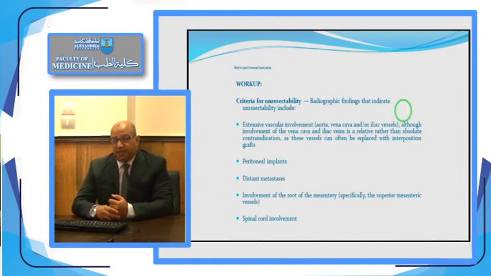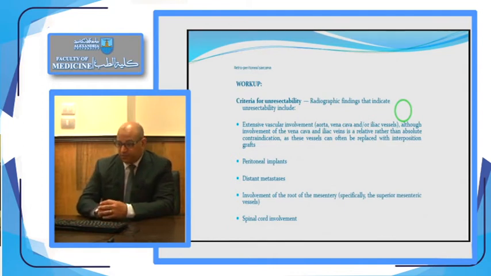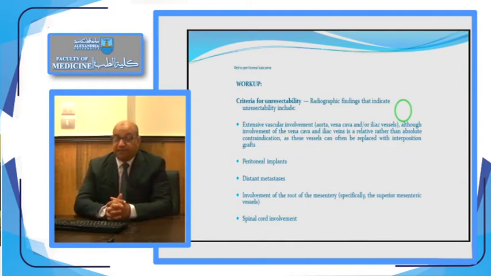Although the involvement of the IVC and the iliac veins is considered not an absolute contraindication for resection, as they can be replaced by interposition grafts. The peritoneal implants, as we said, this is an end stage of the disease. Peritoneal implants means a peritoneal sarcomatosis, which is similar to peritoneal carcinomatosis.